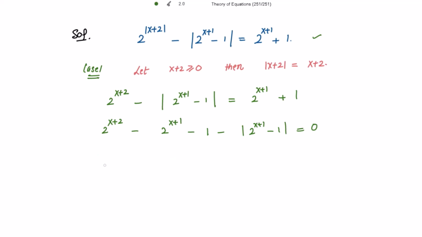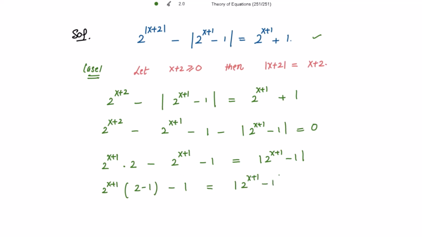So writing this, 2^(x+1)·2 − 2^(x+1) − 1 = |2^(x+1) − 1|. Taking 2^(x+1) common, we get 2^(x+1)(2 − 1) − 1 = |2^(x+1) − 1|. So this is 2^(x+1), since 2 − 1 is 1, minus 1 equals |2^(x+1) − 1|.